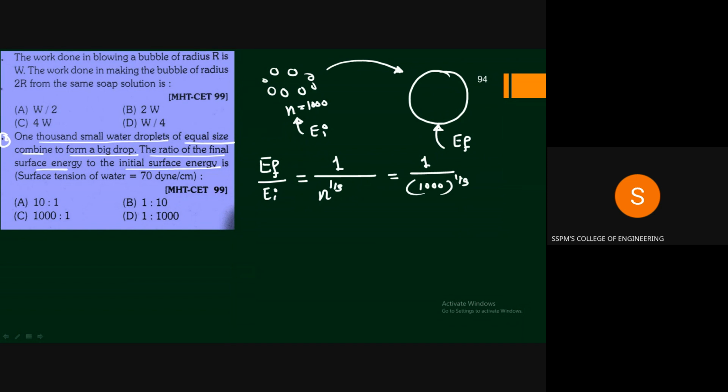So it is the cube root of 1000, that is equal to 10. So it is 1 by 10. Okay. So the ratio EF to EI, final surface energy to the initial surface energy, is equal to 1 to 10. So the correct option is option B.